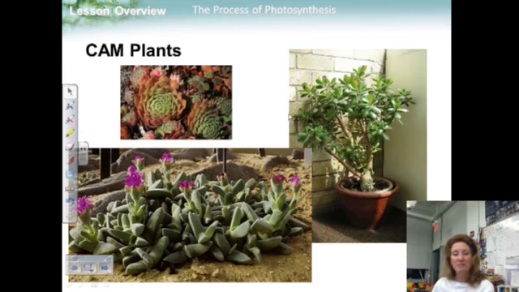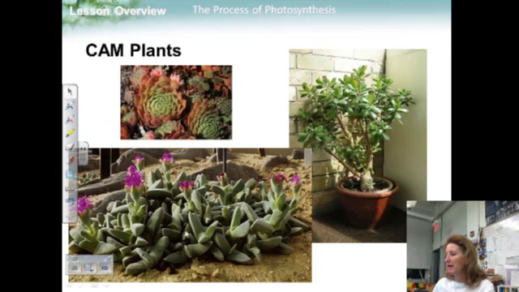These plants, the members of the Crassulaceae family, such as cacti and other succulents, incorporate carbon dioxide into organic acids during photosynthesis. This process is called Crassulacean acid metabolism, or CAM, and they are CAM plants.